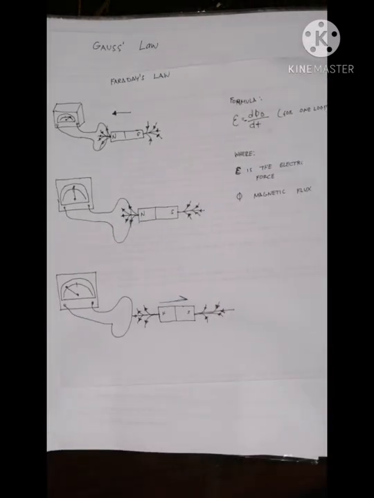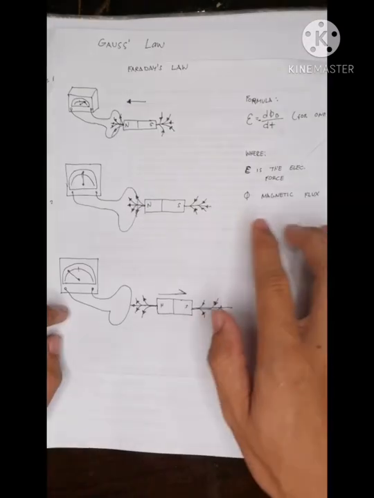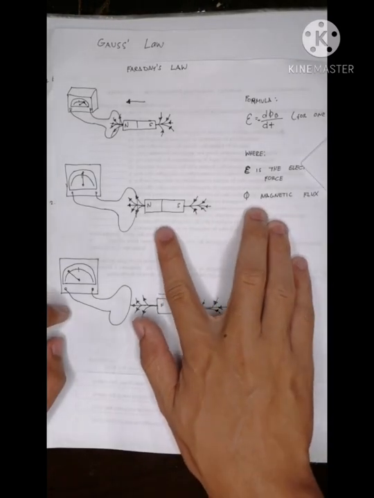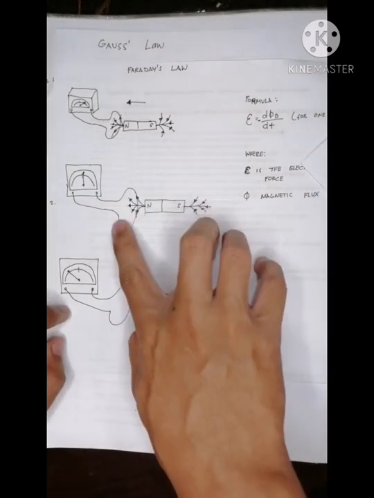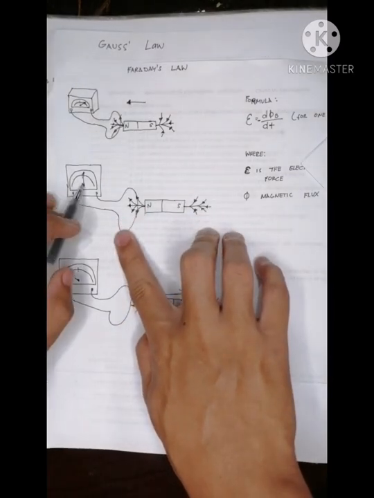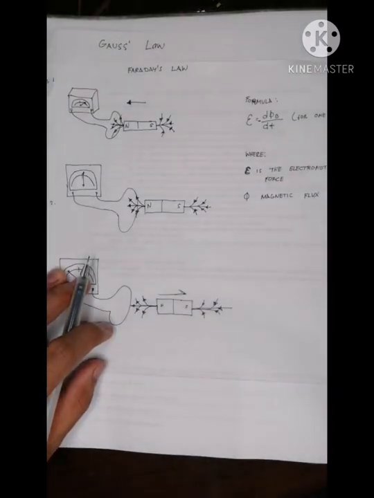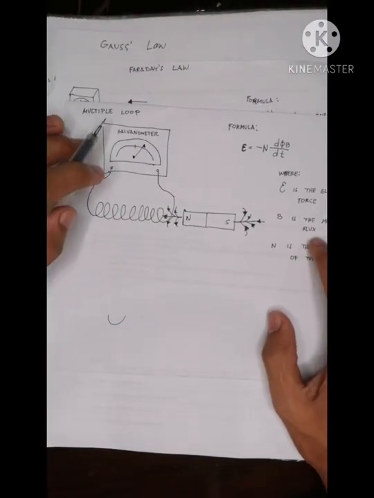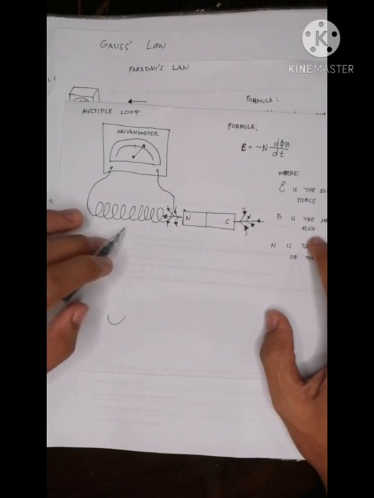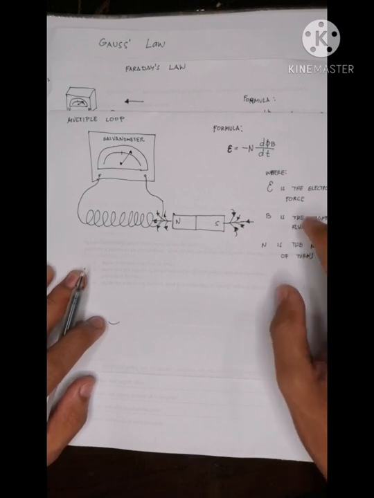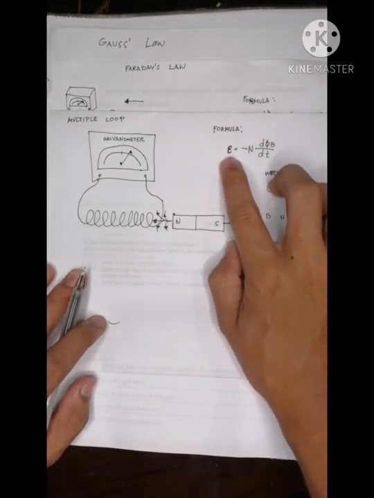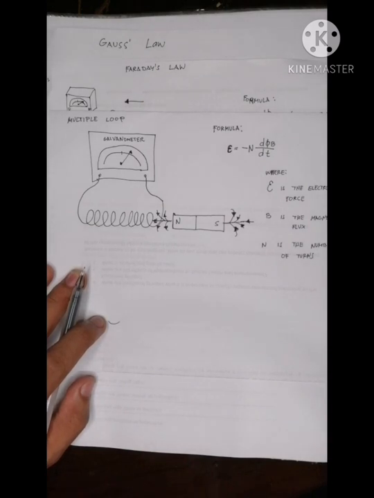We have a single loop or multiple loops. For a single loop, the movement of the magnet would induce our wire loop to produce electromotive force. For multiple loops, the greater number of turns in our system would create a greater amount of electromotive force.